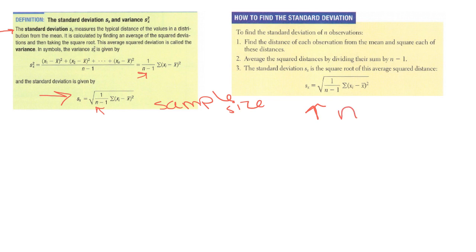So if I increase my sample size, then my standard deviation should go down. If I decrease my sample size, then my standard deviation will go up, because it's in the denominator of my fraction. So that's just something that you need to keep in mind, that standard deviation can be affected by the things that are in its formula.